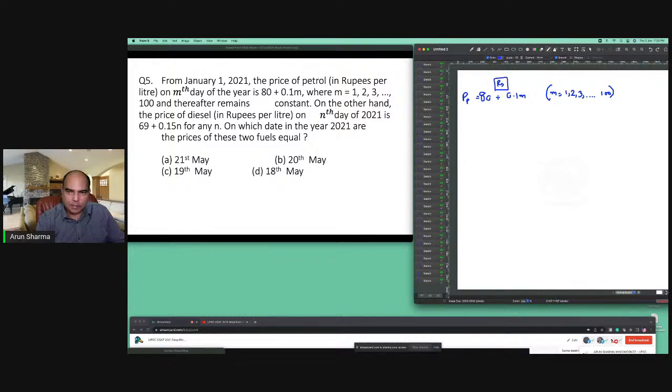What that means is that every day, as you increment N by 1, 2, 3, on the first day of the year the price is 80 plus 0.1. On the second day of the year, the price is 80 plus 0.2, and so on. On the second day of the year, the price is 80.2.